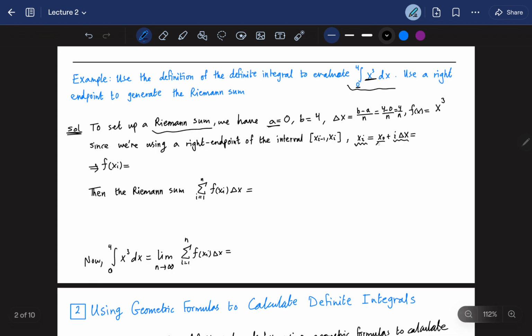But x sub 0, I know that this is equal to my a, which is just 0, plus i, and I already calculated delta x to be 4 over n. So every single x sub i, which is my right endpoint, is going to be in the form of 4i over n. Now, if you want to plug it into your f of x, this is just x sub i cubed. Just substitute the value here.